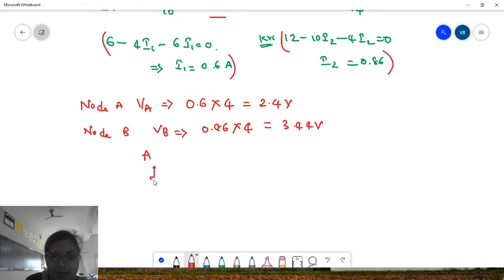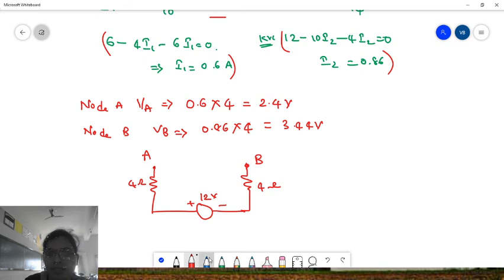Here you have a resistor that is 4 ohms, and here you have a voltage source, positive and negative, that is 12 volts, and here you are going to have another resistor that is 4 ohms. This is B. I need to calculate the voltage across A and B.